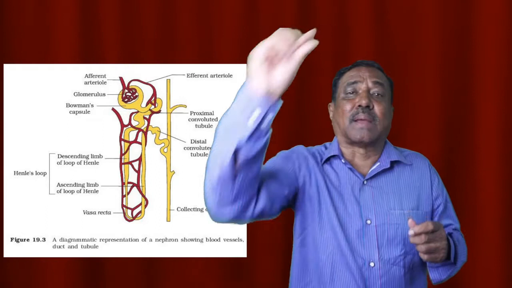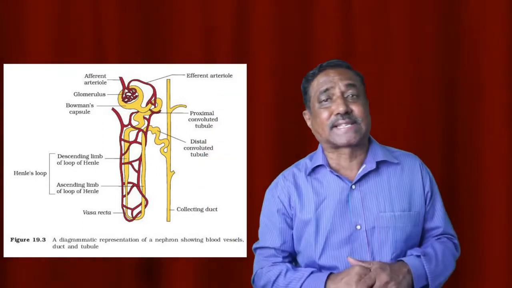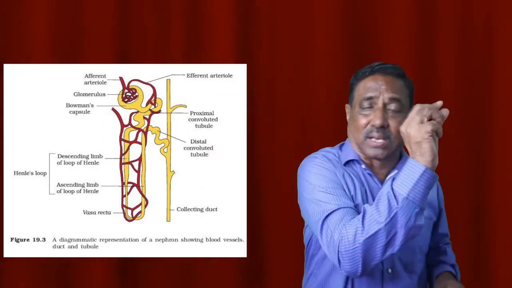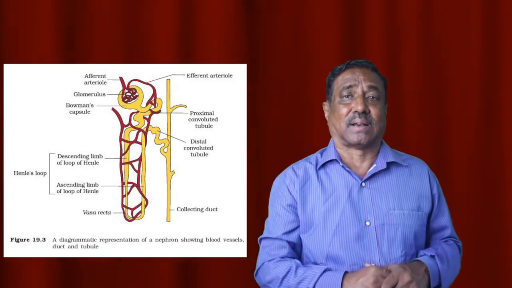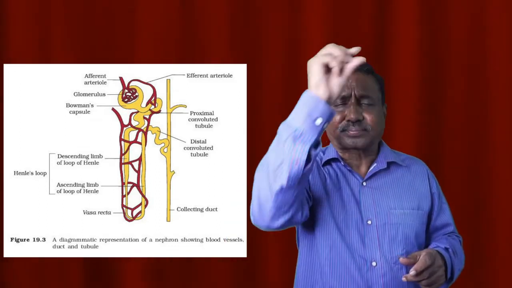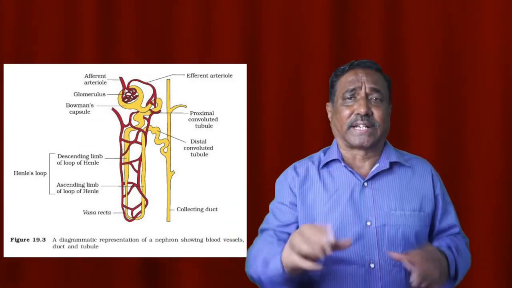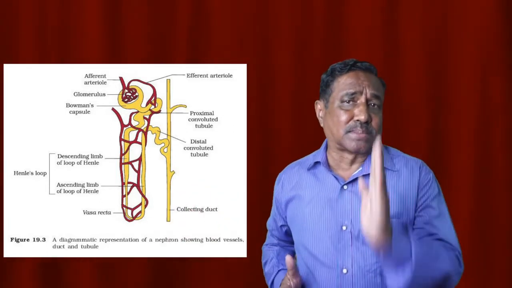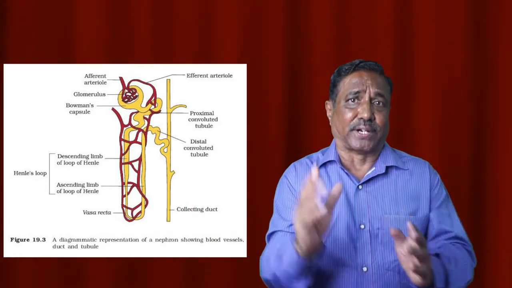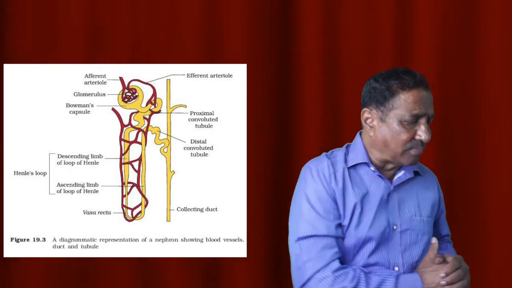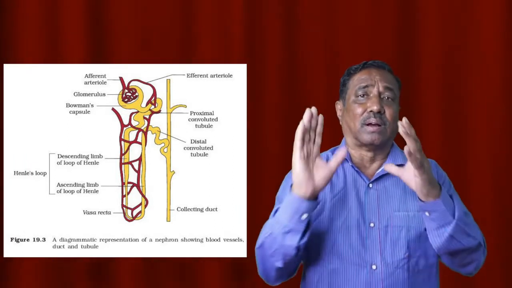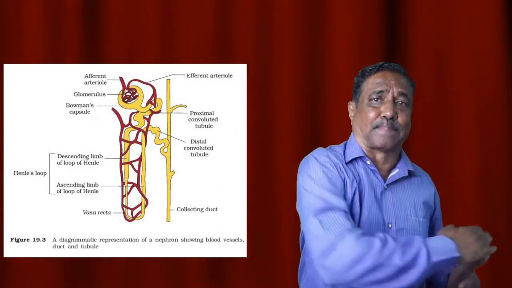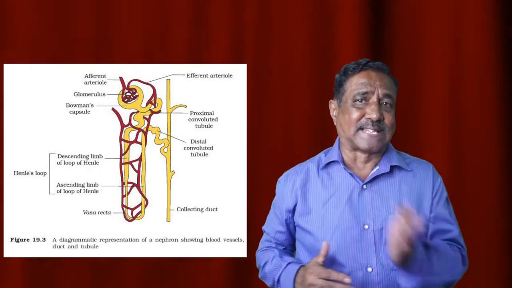And the efferent glomerular arteriole, which takes blood away from the glomerulus, then spreads over the proximal convoluted tubule and distal convoluted tubule to form capillaries over the walls of the PCT and DCT.